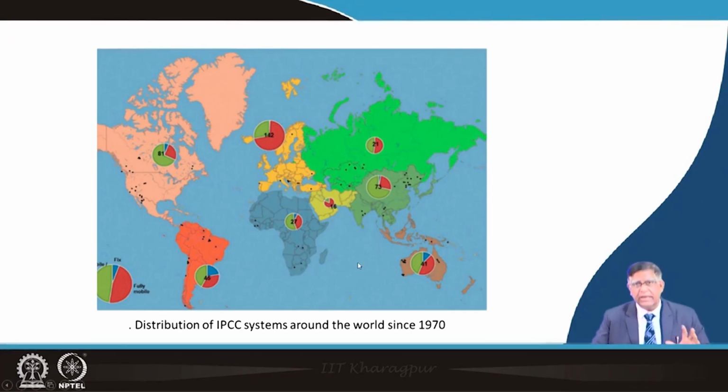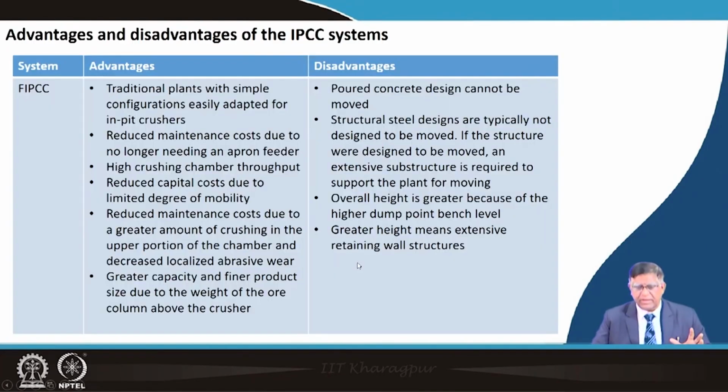There are different advantages and disadvantages of the fixed in-pit crushing conveying system. Their advantages are traditional plants with simple configurations easily adapted for in-pit crushers, but the disadvantage is that the design cannot be moved; it is fixed at one place.